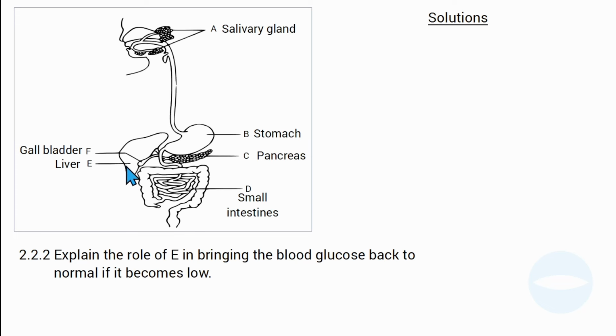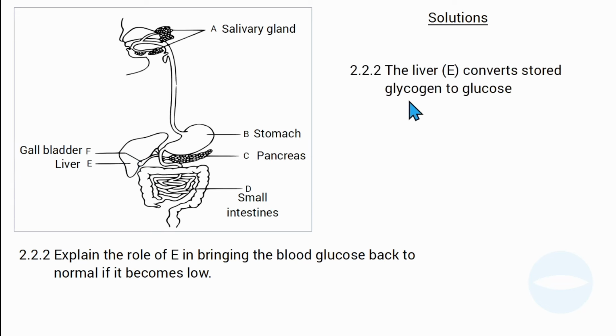If the glucose in the blood is very high, the glucose is converted into another nutrient, therefore the glucose in the blood will reduce. But if the glucose is low, the conversion will stop and the glycogen will be converted to glucose. So the liver stores glycogen and converts it to glucose.